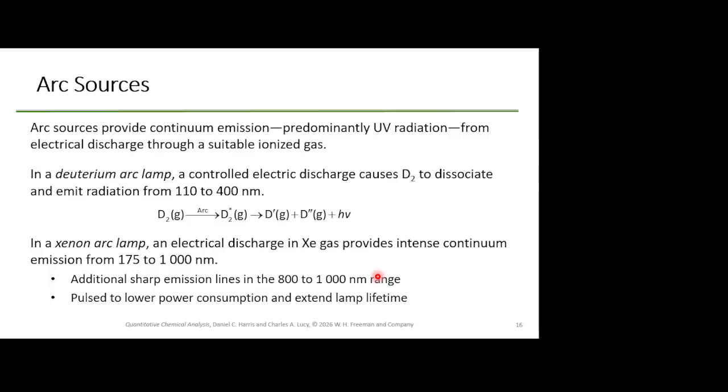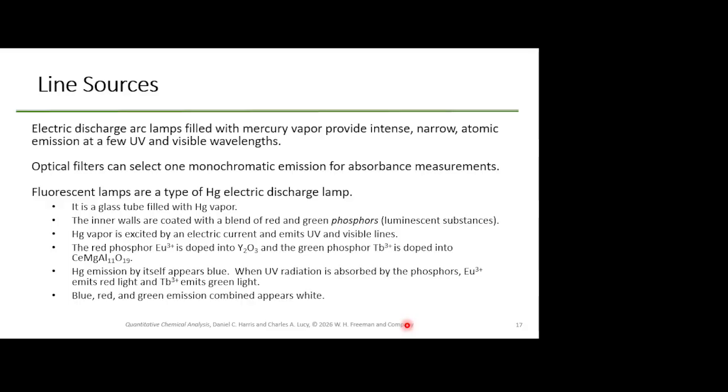So you can actually use this for a visible light source too. It's just expensive. So typically you'll have very sharp emission lines in the 800 to 1000 nanometer range, which is more in the visible section. So you can see some of that. It's pulsed to lower power consumption, and that also helps to extend the lamp lifetime. So you pulse it to make pulses of light.